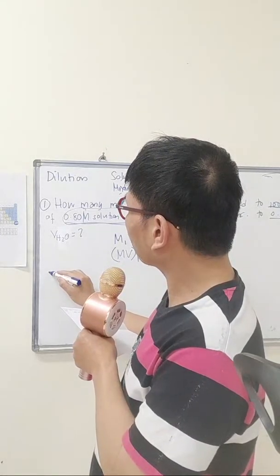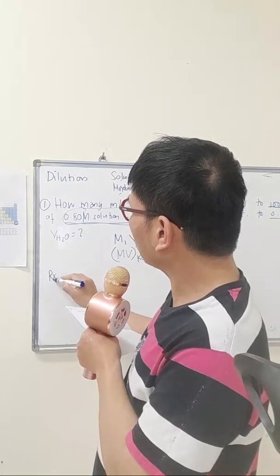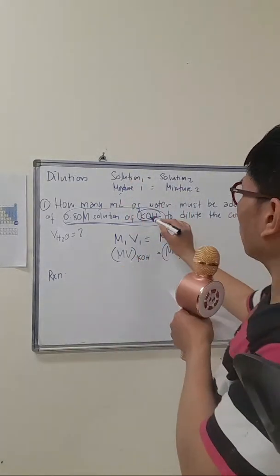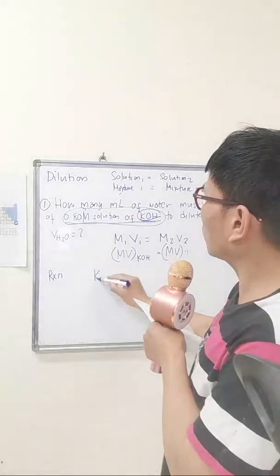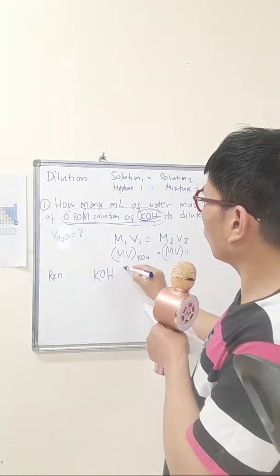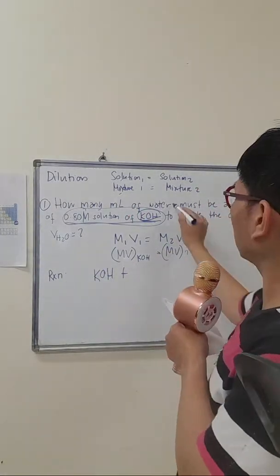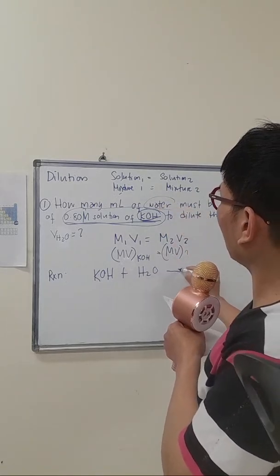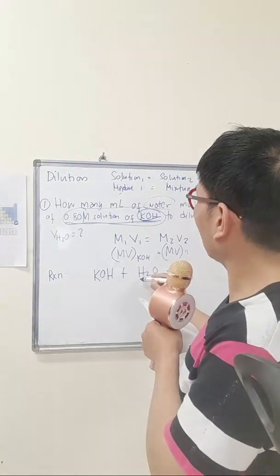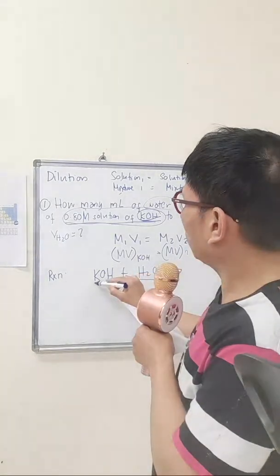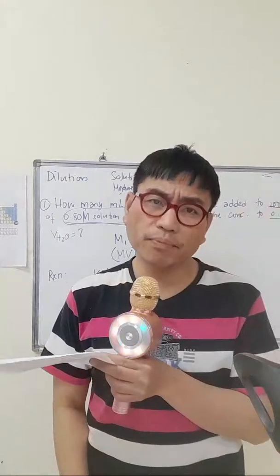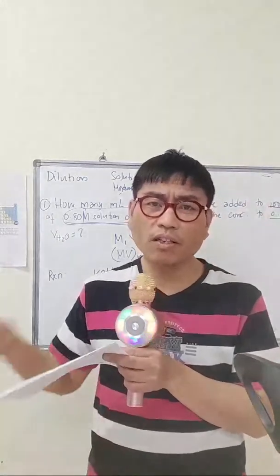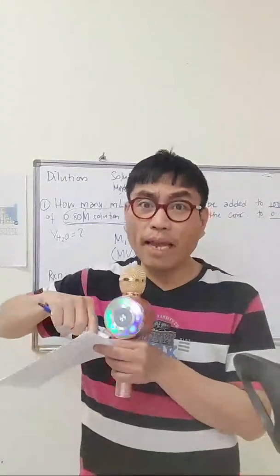Reaction: we have potassium hydroxide plus water, because you add water, right? Take note, this is water, and this potassium hydroxide is evidently a salt, or a base.